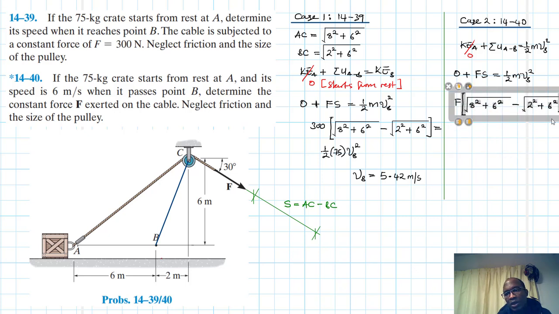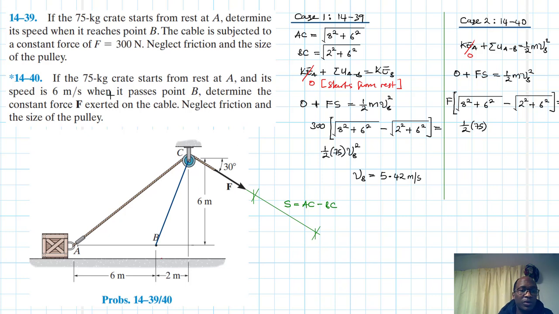Then this is just equal to half times 75. Then here we do have the velocity of 6, so we'll have 6 squared like so.